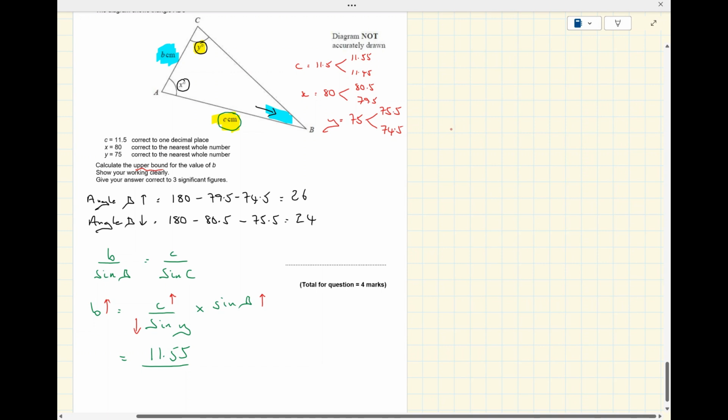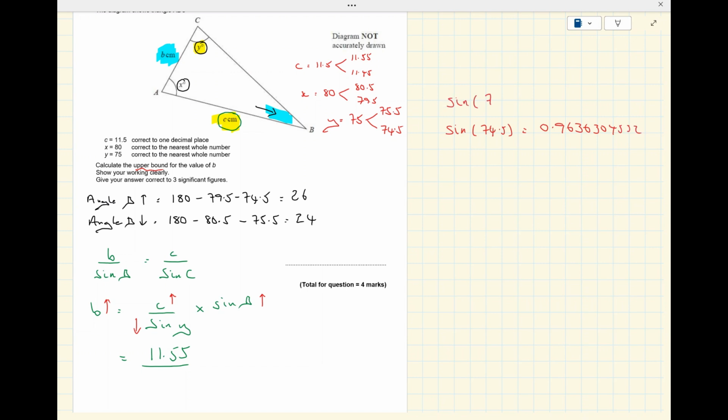Sine of 74.5 gives 0.96360304, and so on. And sine of the higher angle, sine 75.5, gives 0.96814, and so on.